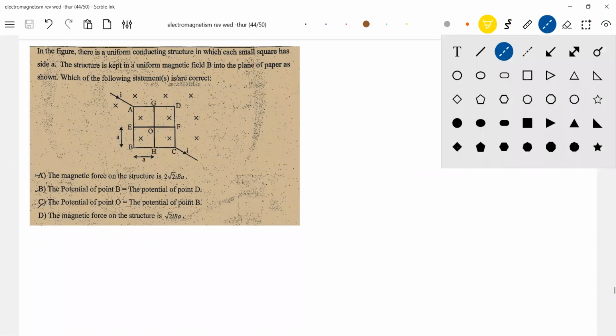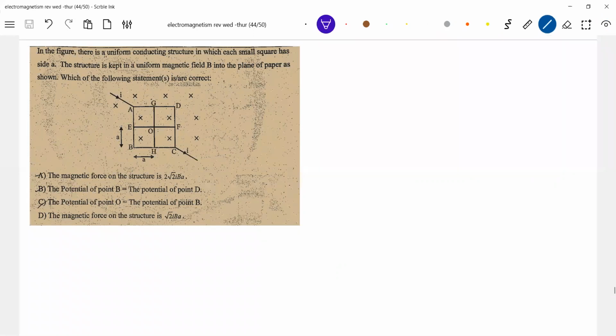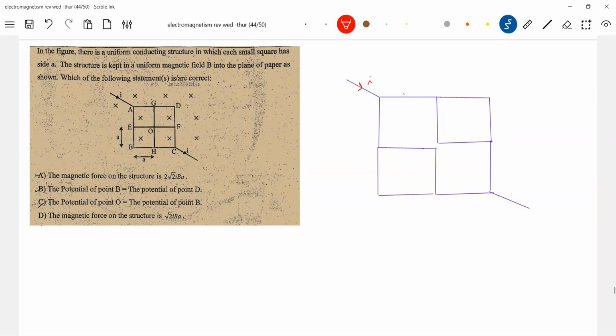If I branch things, the current will not branch equally. Here the currents are I by 2, I by 4, I by 4, I by 2, I by 2, and this is I. Everywhere the magnetic field is into the plane.